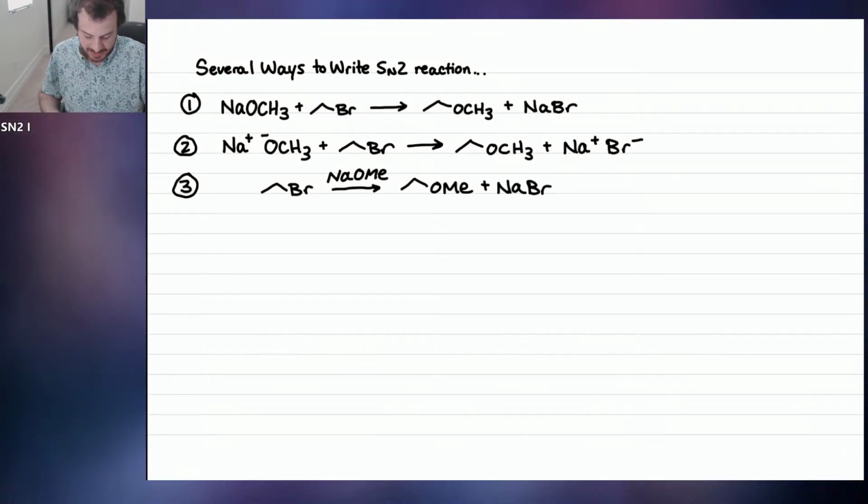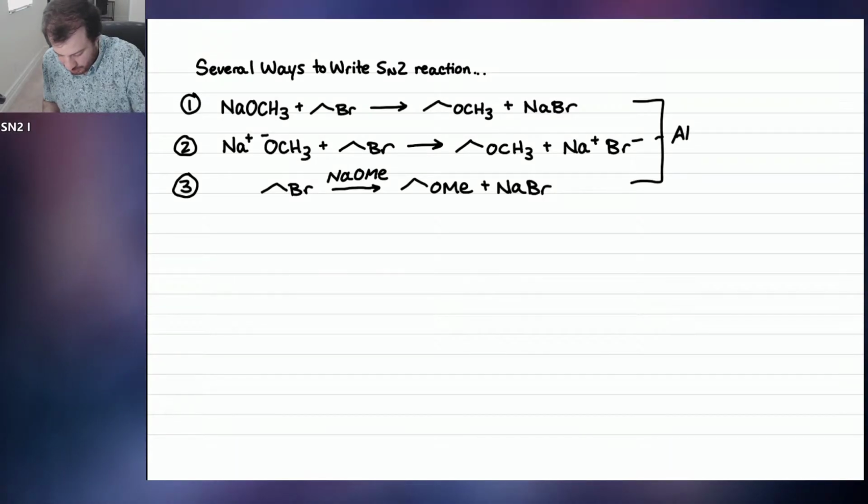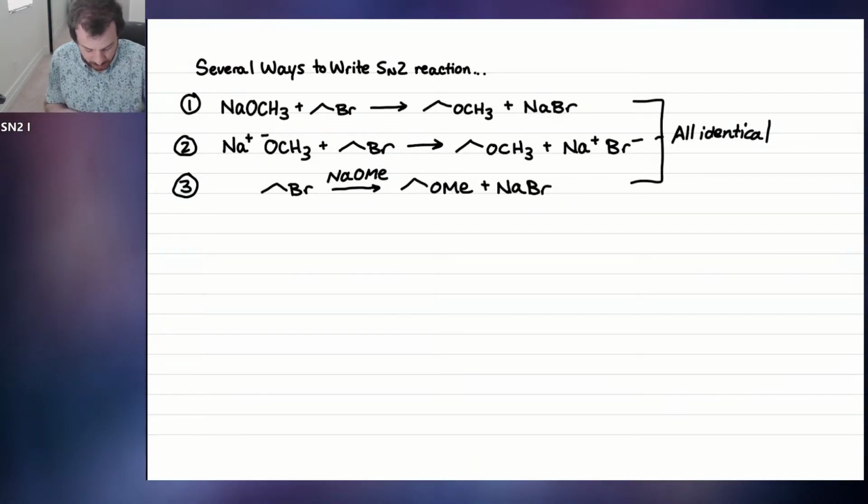Okay, all 3 of these ways are representing the exact same thing. So all identical. And I don't want you to be freaked out by the sodium in there, so I just want you to recall that there are ionic compounds that can participate in organic reactions, including the SN2 reaction.